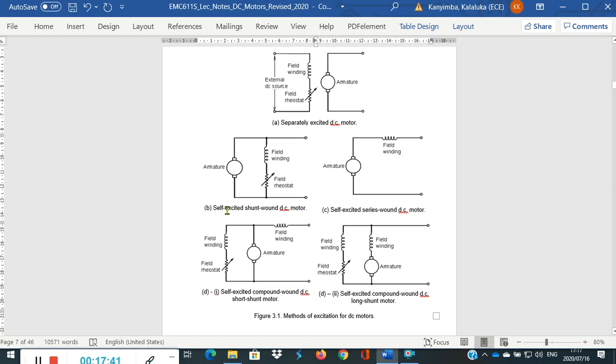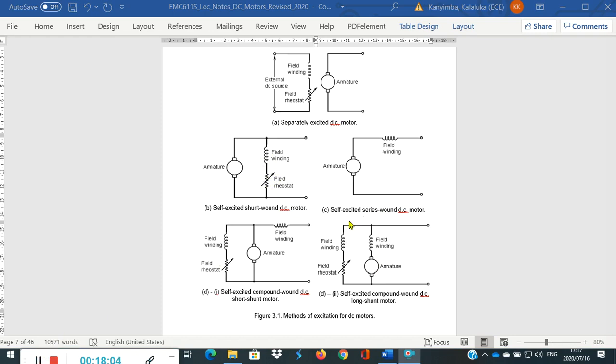That is a self-excited shunt wound DC motor. The field winding is connected in parallel with the armature winding. Together they are connected to the same supply. Once again, we want to control the field current by using a field rheostat.